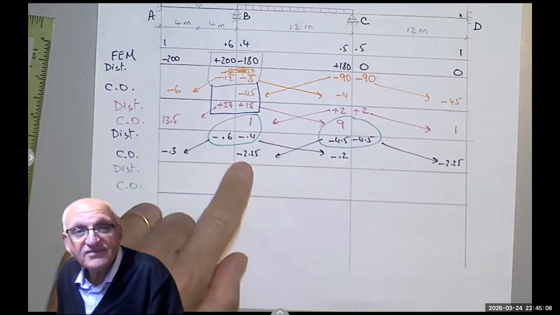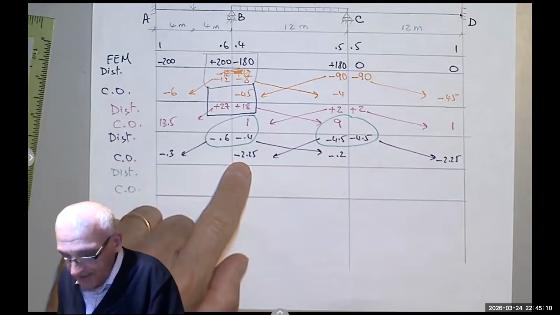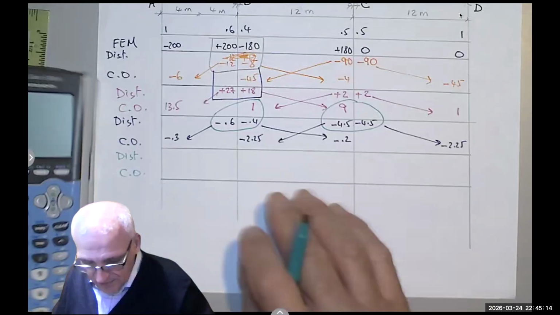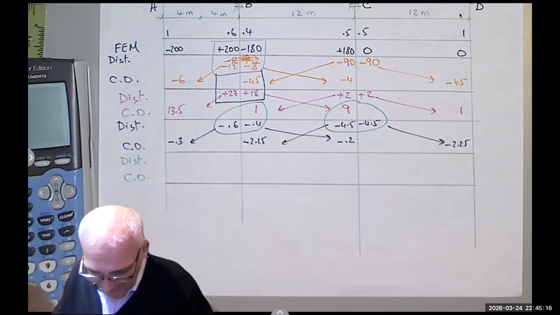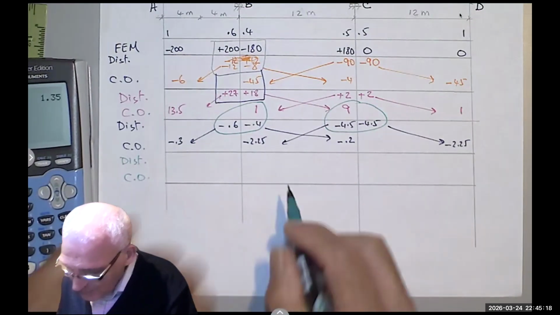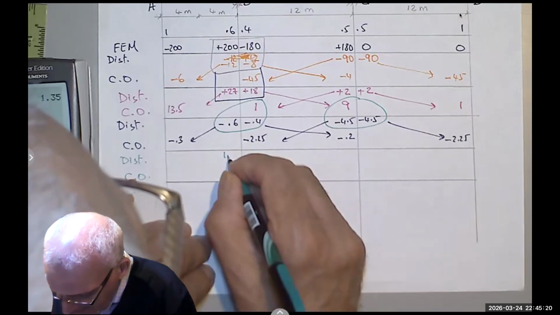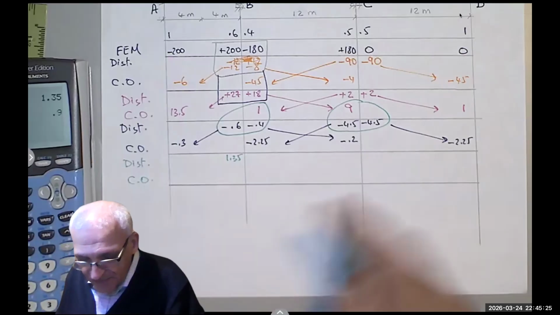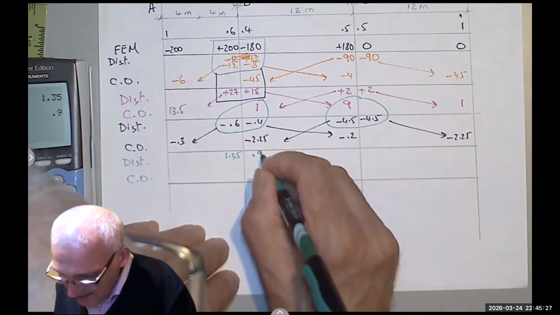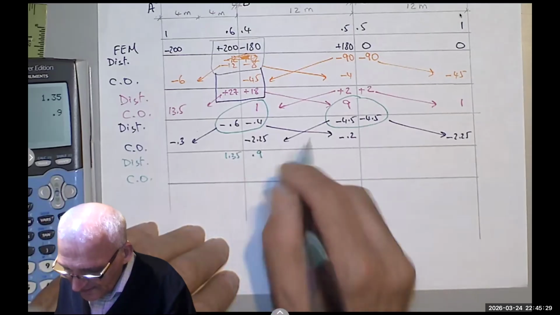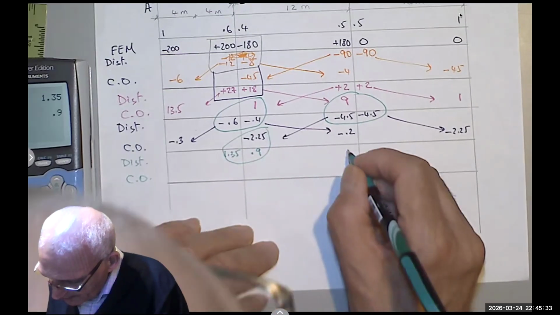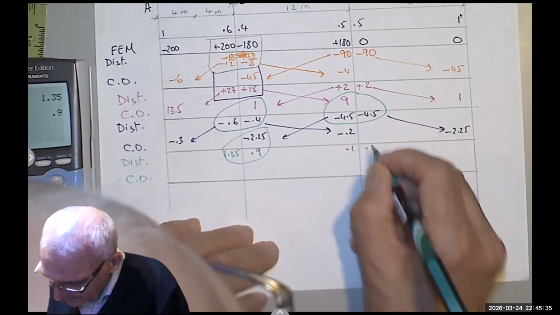So I only have negative 2.25. I will take 60% of that. So again, 2.25 times 0.6 is 1.35 positive, times 4 over 6 is 0.9. They add up to 2.25, so I have a balance here. The negative 0.2 would be positive 0.1 and positive 0.1.